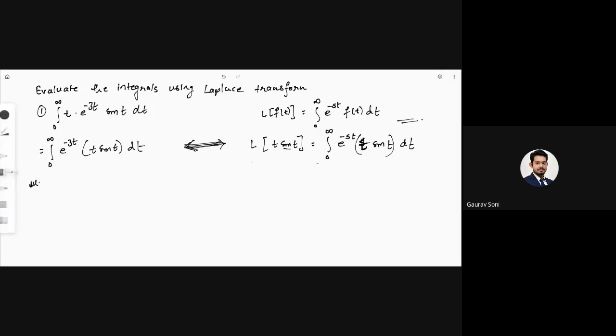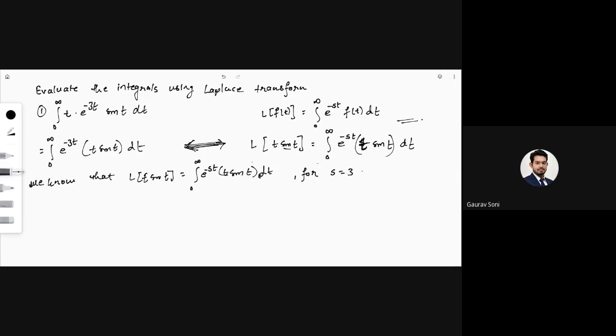We know that Laplace of t sin t is equal to integral 0 to infinity e to the power minus st t sin t dt. For s is equal to 3, we get the required integral.